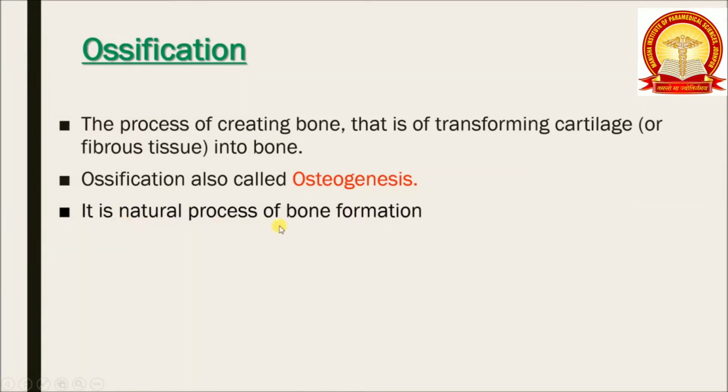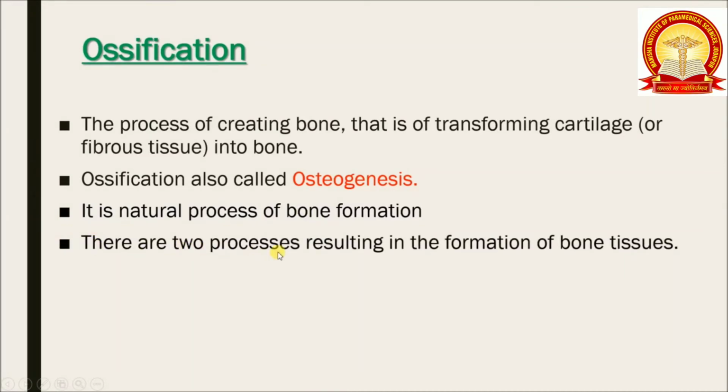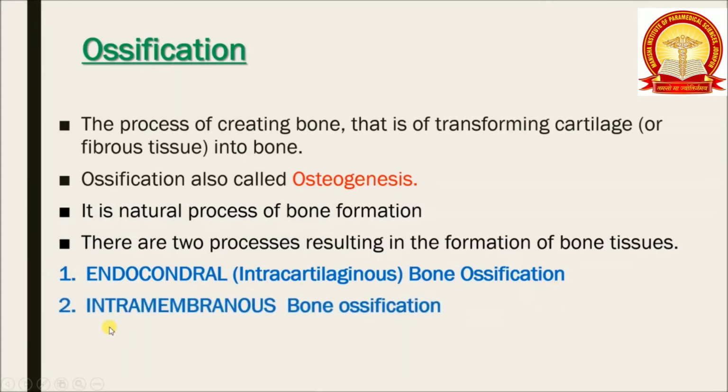It is a natural process for bone formation. And there are two processes resulting in the formation of bone tissue. The first one is endochondral, or intracartilaginous, bone ossification, and the second is intramembranous bone ossification.